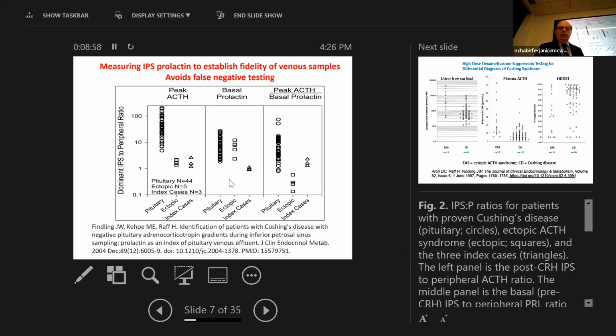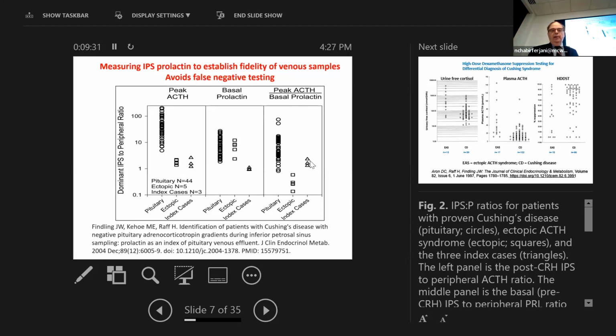It's a fairly high prolactin level in the periphery, let alone the petrosal sinus, and we use that as a gradient. And then we constructed a sort of ratio between the peak ACTH and the basal prolactin. And we saw these index cases which had been false negative, when you corrected for prolactin, were consistent with pituitary Cushing's, and all these patients had successful pituitary surgery for Cushing's disease.